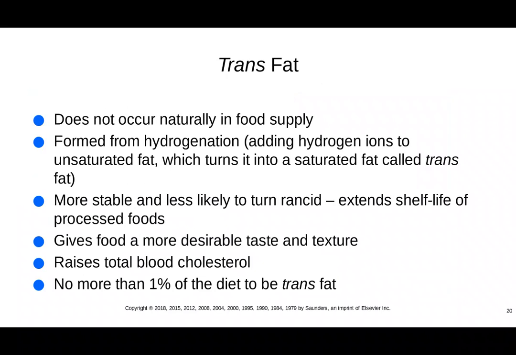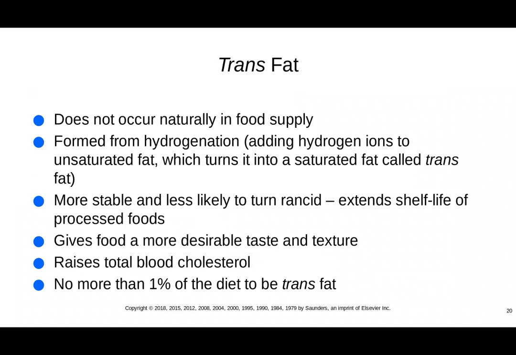So trans fat does not occur naturally in our foods. This is formed from hydrogenation, which means we're adding hydrogen ions to unsaturated fat, which then turns it into a specific saturated fat called trans fat. This is a chemical process that is done in the food factories.